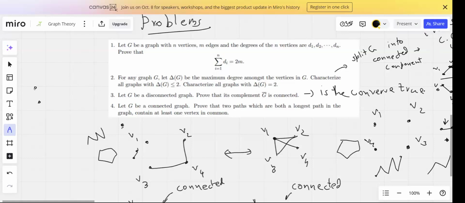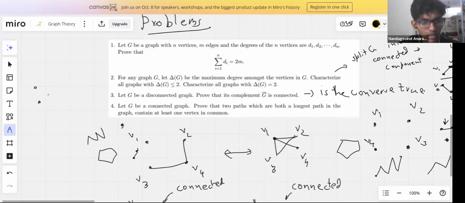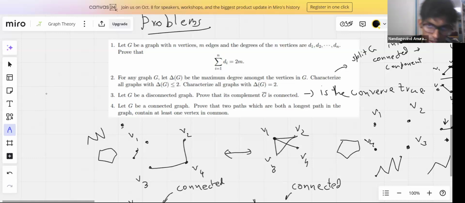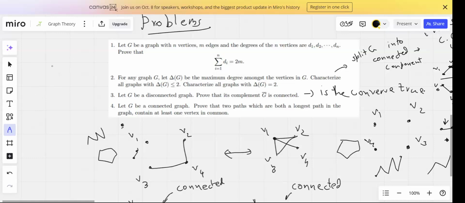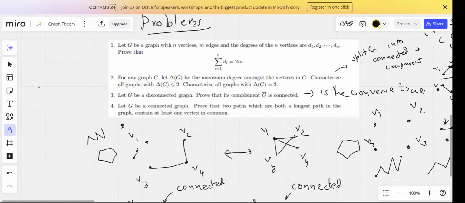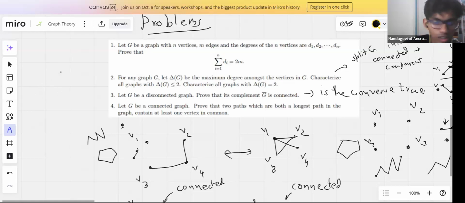Can I say that the complete graph will have N edges, and so the disconnected graph will have N minus x edges where x is some positive integer. So N minus x plus G complement is equal to N. So G complement is equal to x only, and x is a positive integer, so it will be connected. No, I don't follow. Can you repeat?